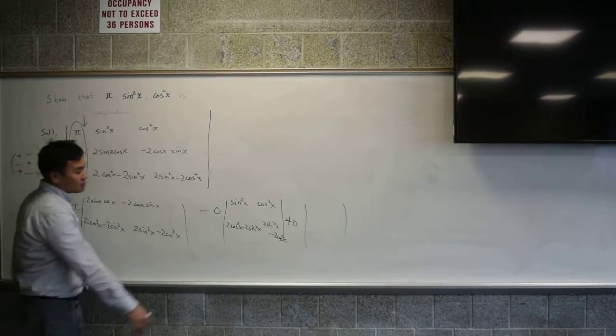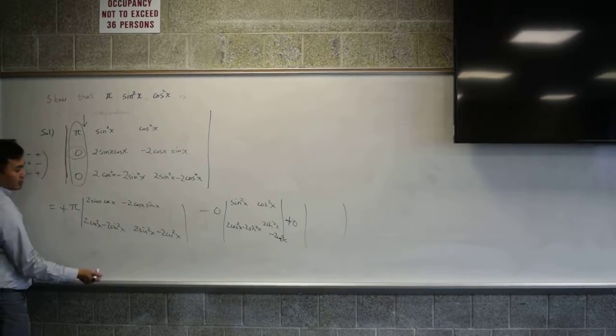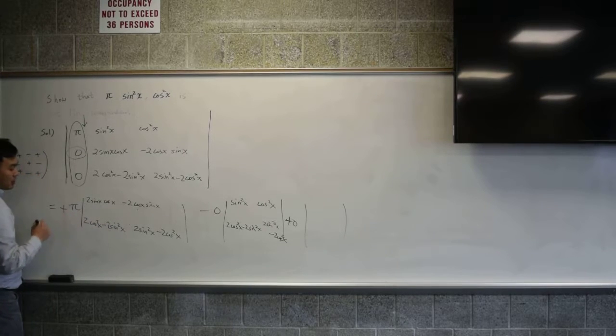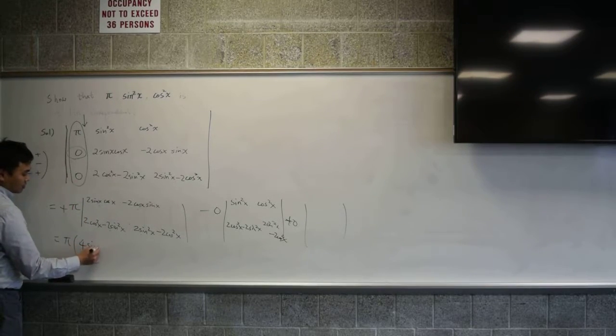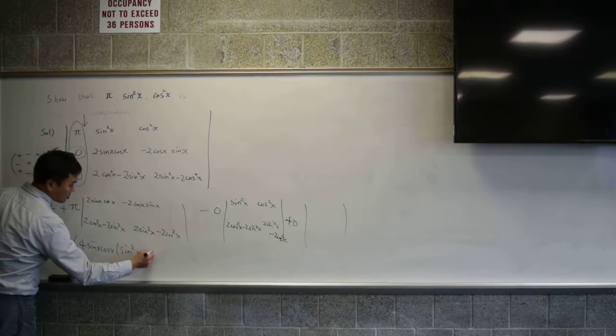Now, as you can see, these are all zeros, so that doesn't count. And then over here, if you do this times this, minus this times pi, you're going to see that it becomes 0. So let's check. Pi, this times this, that's 2 times 2, that's 4 sine x cosine x, sine squared of x minus cosine squared of x.